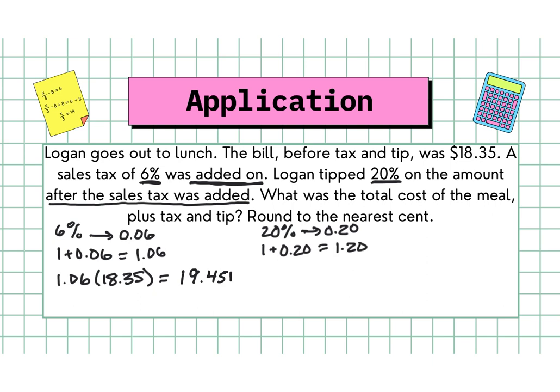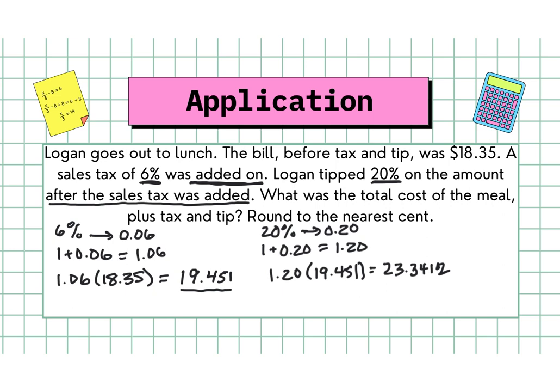I'm going to multiply that by our new total, the 19.451. So 1.20 times 19.451, and my calculator tells me that that is 23.3412.